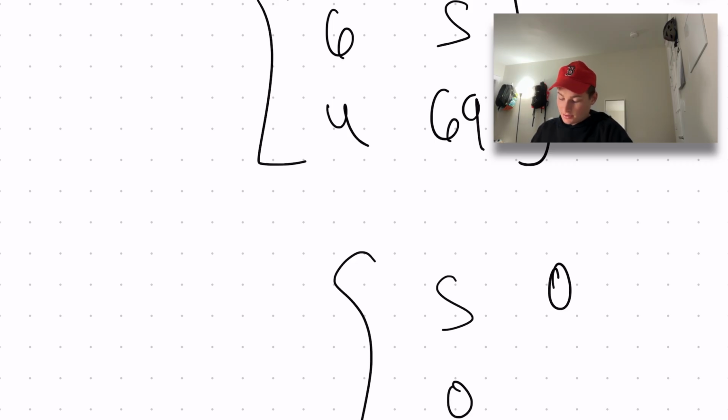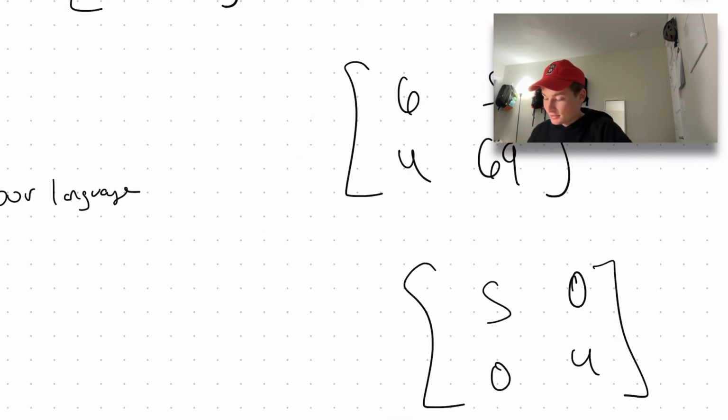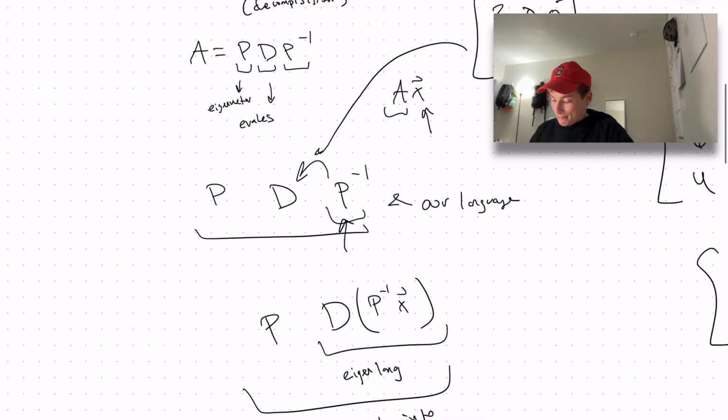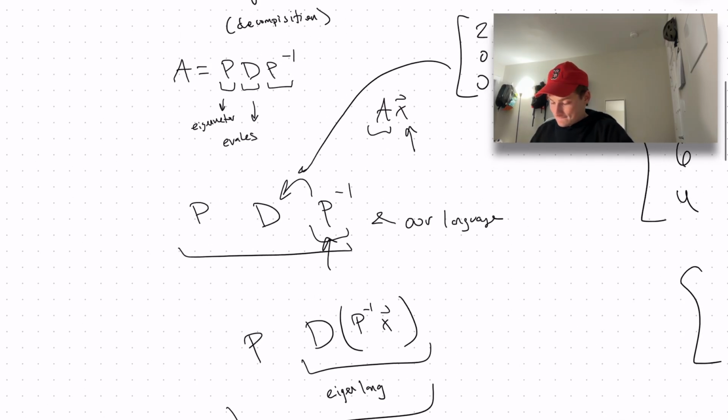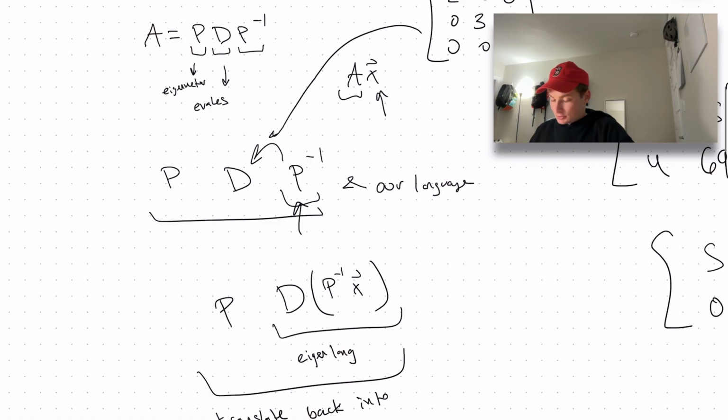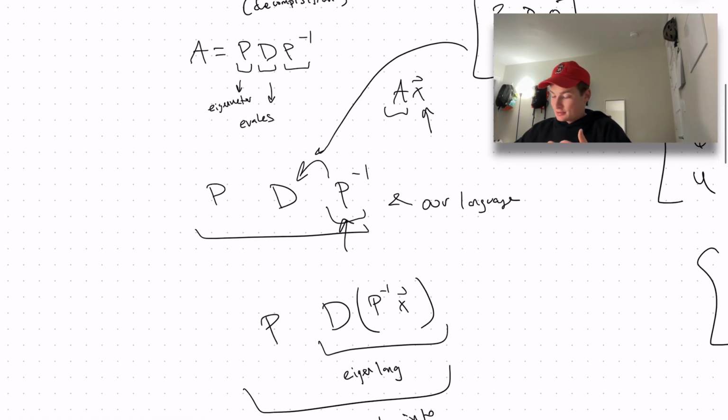It's guaranteed to be diagonal if A is diagonalizable. Cool. So that is how you relate change of basis to decomposition.